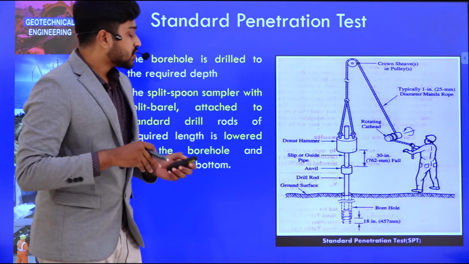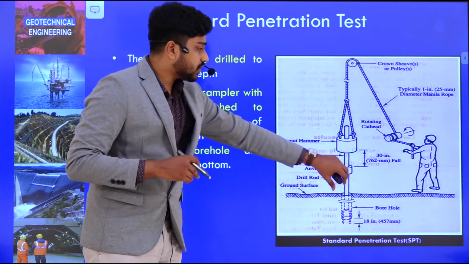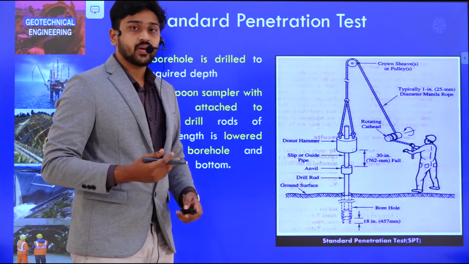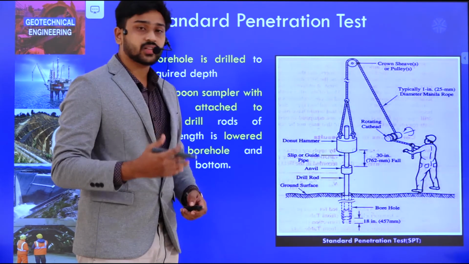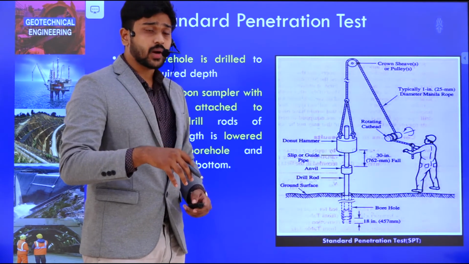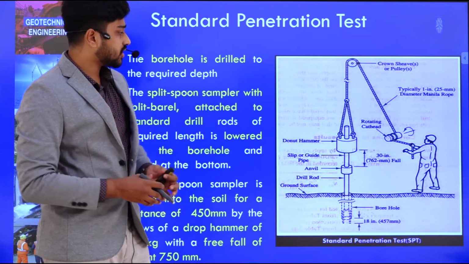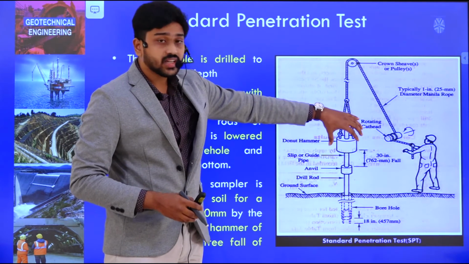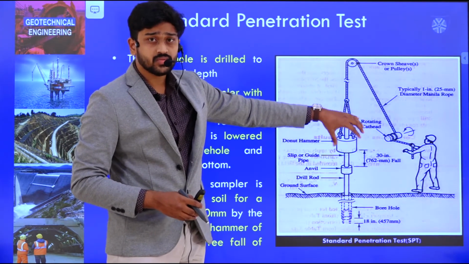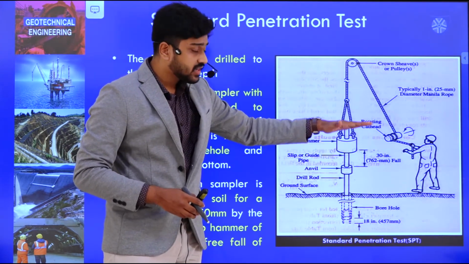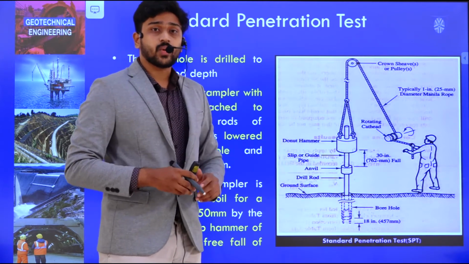We need to immerse it up to the required depth along the borehole. First we dig the borehole, and then we immerse it completely. Later we need to give a certain number of blows with the help of this hammer, so that the sampler is driven to the required depth.